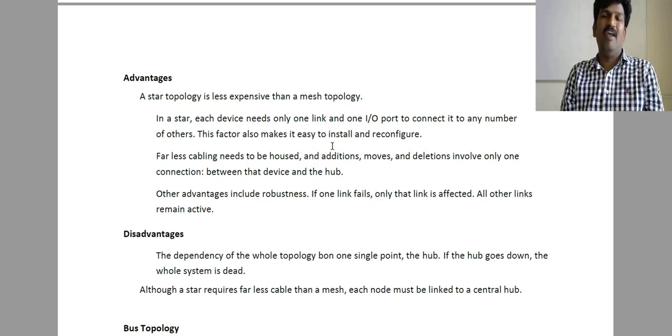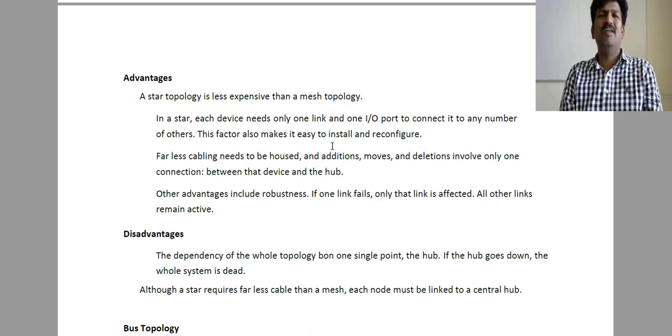If one link fails, it does not affect the entire network. If one link fails, only the communication between that computer and the central hub is disturbed. It does not disturb every computer's communication with the central hub.